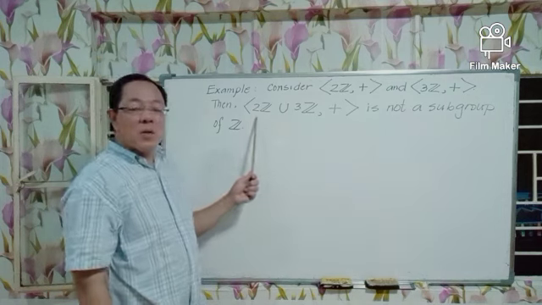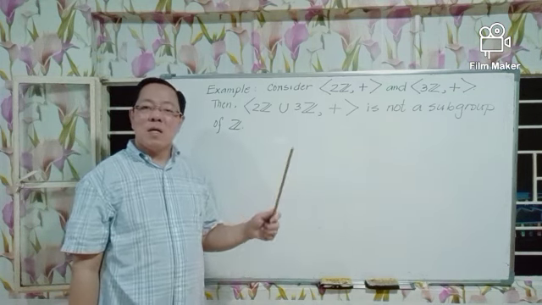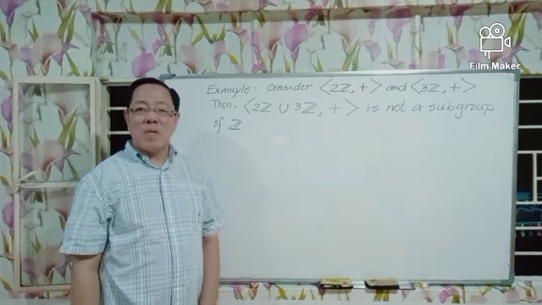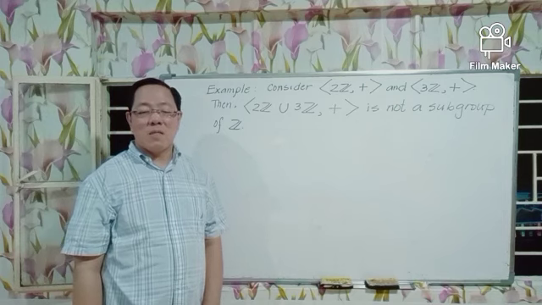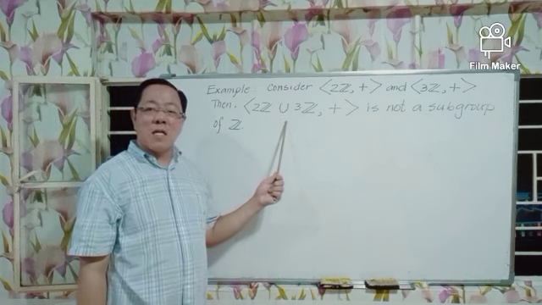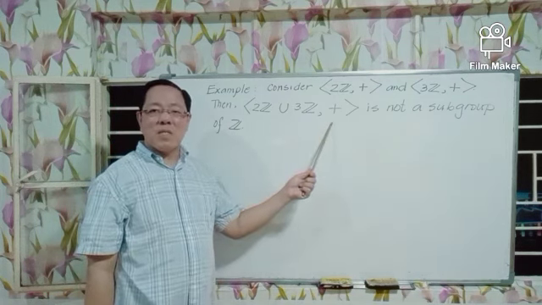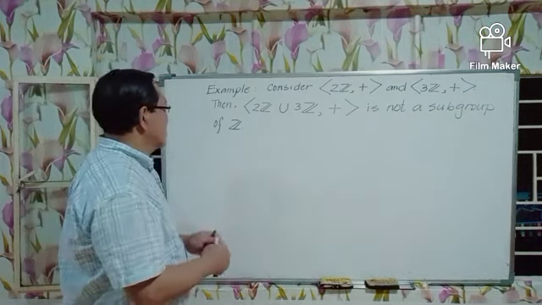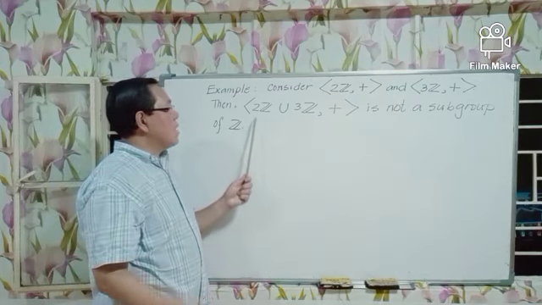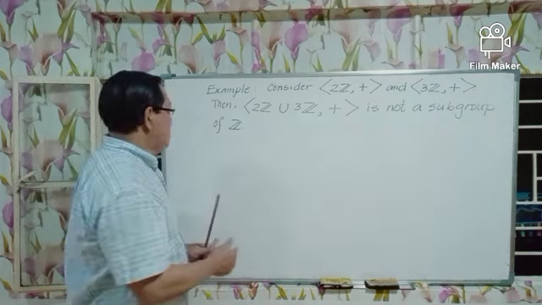And if the union of 2Z and 3Z is a subgroup under addition, the definition of subgroup says that the closure property must be satisfied by the subset. And so if 2Z union 3Z is a subgroup of Z under addition, the closure property must be satisfied. Suppose we take 2, an element of 2Z.